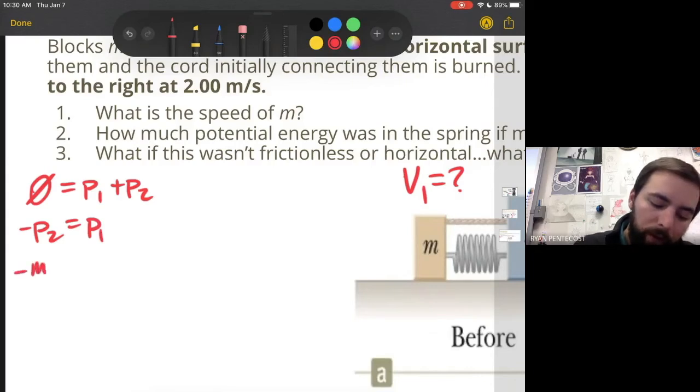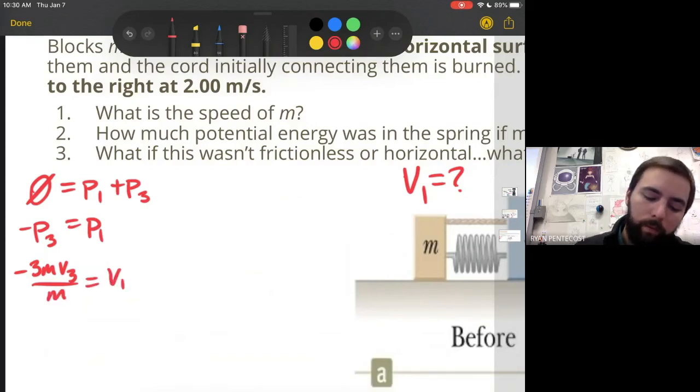So you have negative 3m. Let's call that p3, so I don't get these things confused: momentum of object 1 and momentum of object 3. So that would be negative 3m times v3 divided by m, which gives you v1.